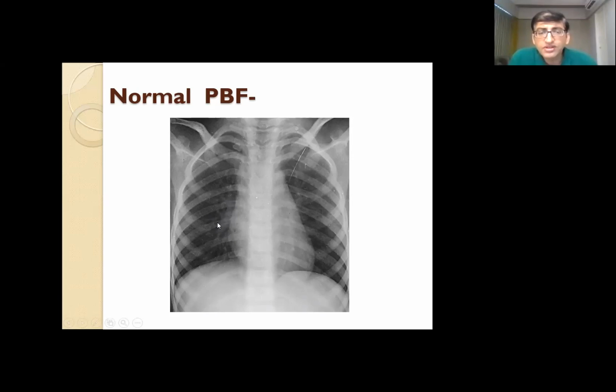This vasculature we hardly see in the distal two-thirds of the lung field. So maximum vasculature we see in the hilum and the inner one-third of the lung fields. A normal size heart with vasculature not exceeding the inner one-third of the lung field is a normal pulmonary blood flow chest X-ray.